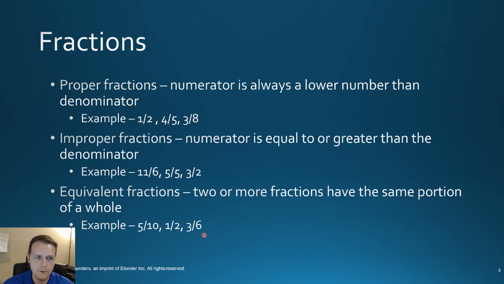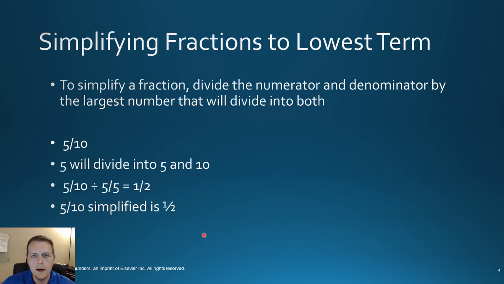Should be pretty straightforward. So some of the things you might have to do is simplify fractions down to their lowest terms. To do that, you can just divide the numerator and the denominator by the largest number that will divide both. If you're looking at 5 over 10, 5 will divide into both 5 and 10.